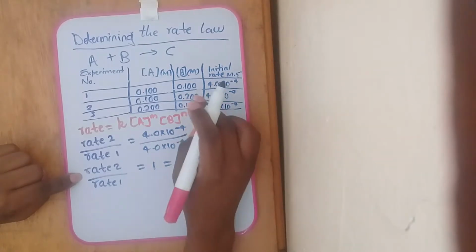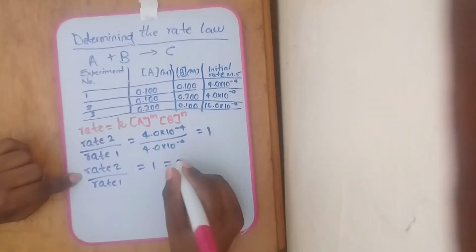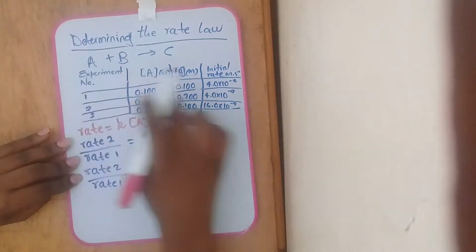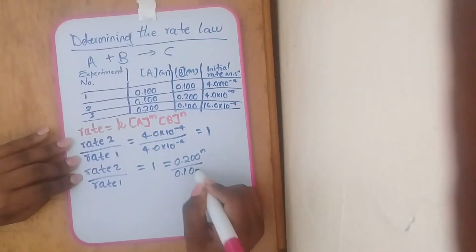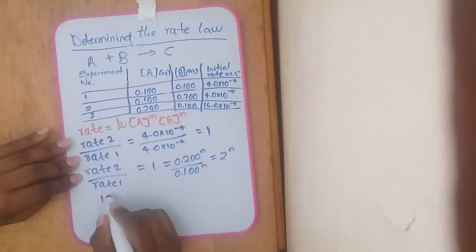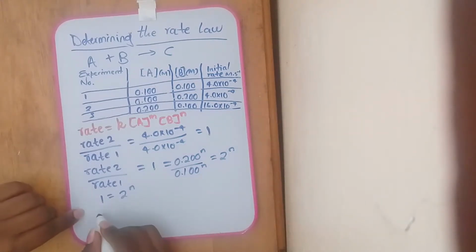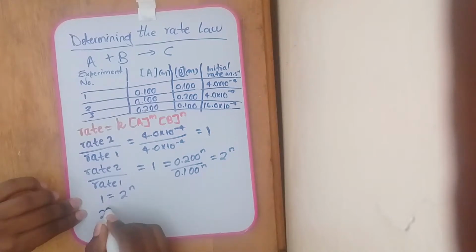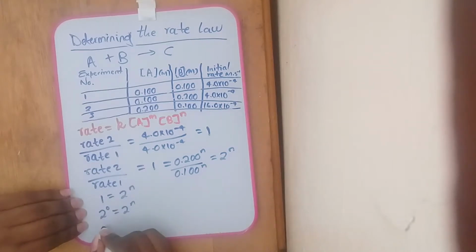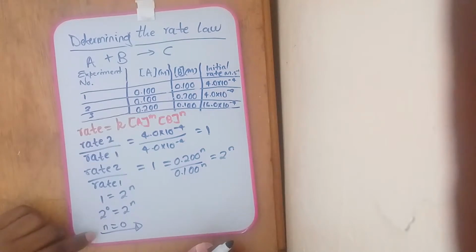The initial concentration of B at experiment 2 is 0.200 to the exponent n, and at experiment 1 it is 0.100 to the exponent n, which is equal to 2 to the power n. Now we know that this can be the same as 2 to the exponent 0, to make it easier to find the value of n. So our n here is equal to 0. This reaction is zero order in B.